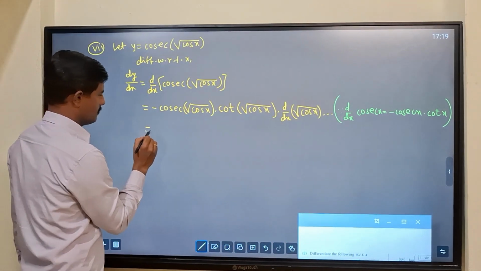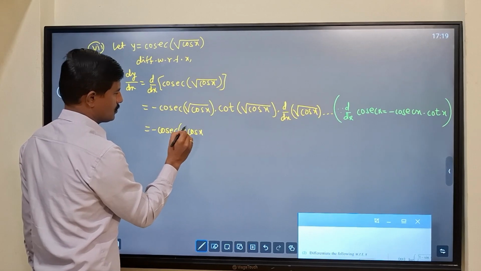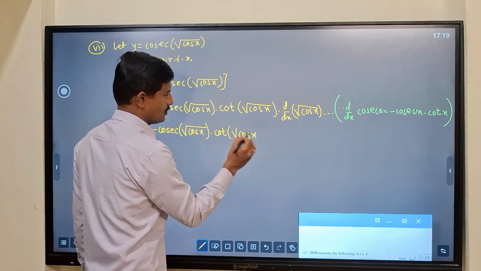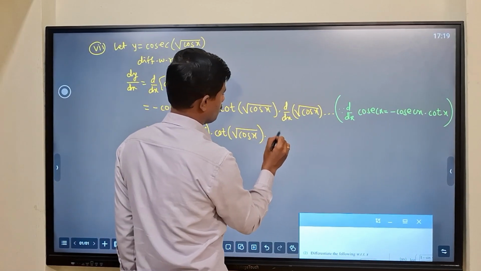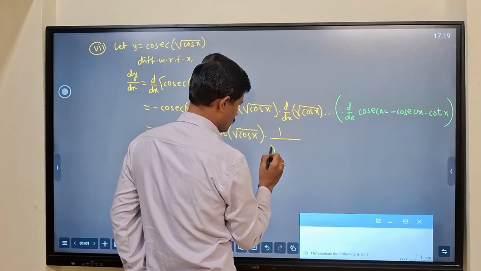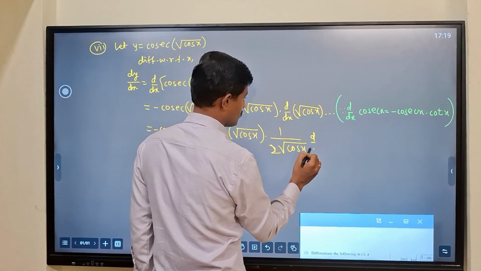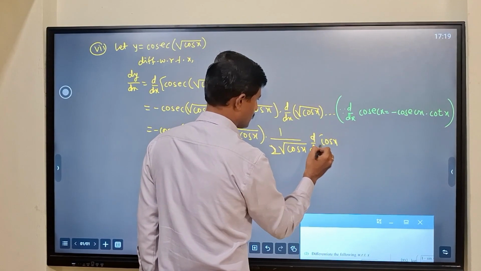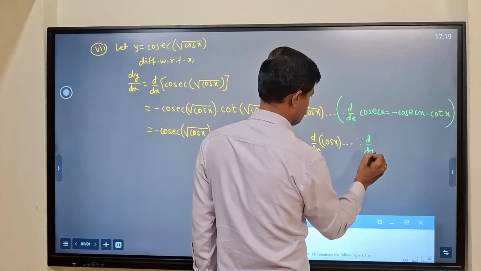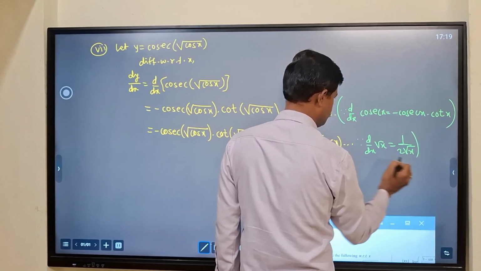Now this will become minus cosec square root of cos x into cot square root of cos x into differentiation of square root of cos x, which will become 1 upon 2 root cos x, d/dx of cos x. Here we used the formula d/dx of square root of x is 1 upon 2 root x.